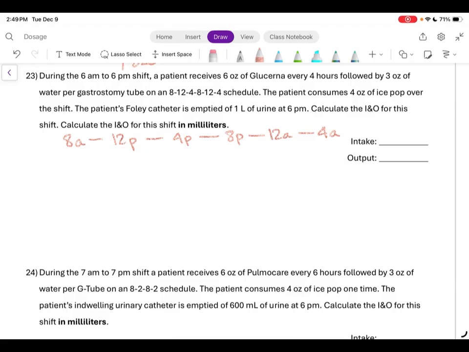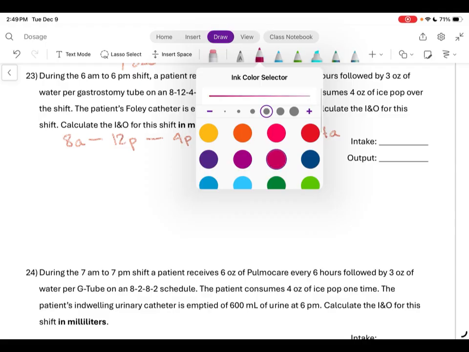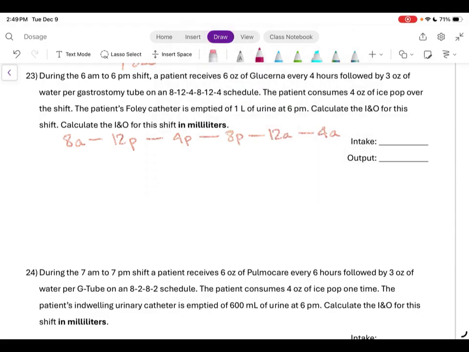Looks like I'm working a 6 a.m. to 6 p.m. shift, right? So then I'm not worried about this, or this, right? At 8 a.m. I'm gonna come in and I'm gonna give them 6 ounces of Glycerna, followed by 3 ounces of water. 12 p.m. I'm gonna do that again, 6 plus 3. 4 p.m. I'm gonna do it again, 6 plus 3. Okay. 6 plus 3 is 9. We did it 3 times during our shift, so 9 times 3.